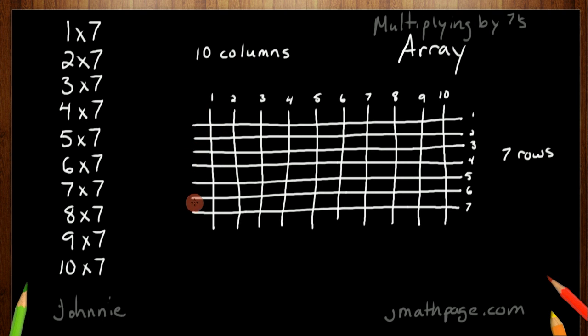Here are our 7 rows. So they cross each other. Every column runs into every row. In this case, I have 1 column running into 7 rows, and every one of the places where it meets makes an intersection. And the intersection tells us about the multiplication.